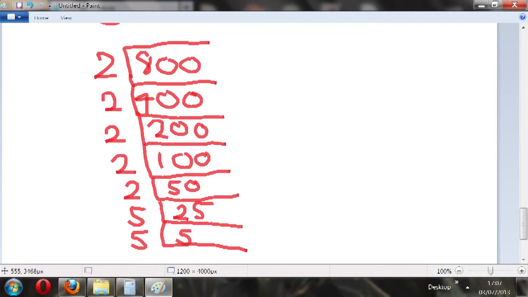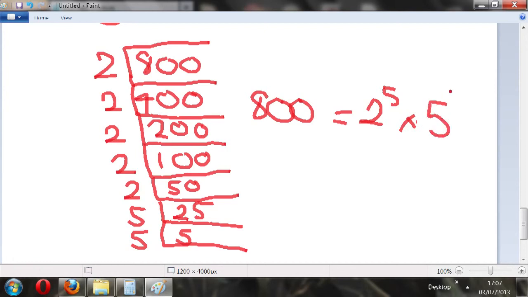All right, so we could say that 800 is 2 to the 5 times 5 squared. Okay. Yeah, so any natural number can be factored uniquely, except for the order of the factors, into a product of prime powers even.